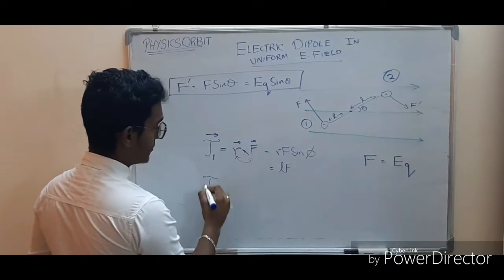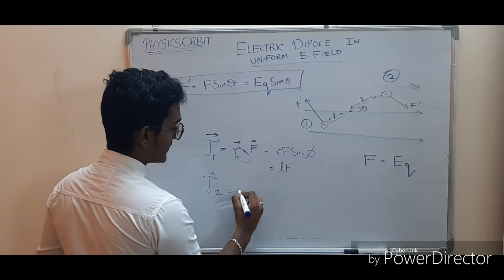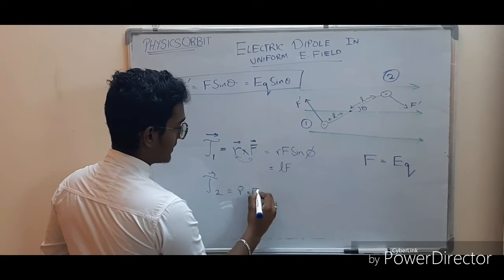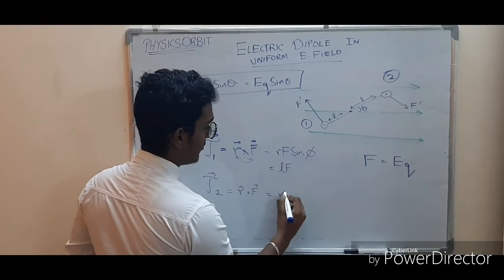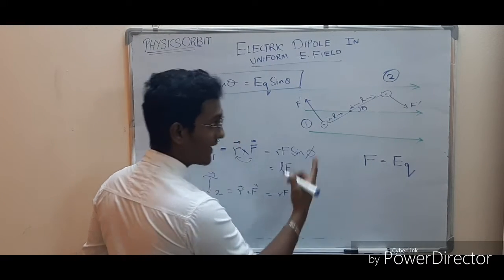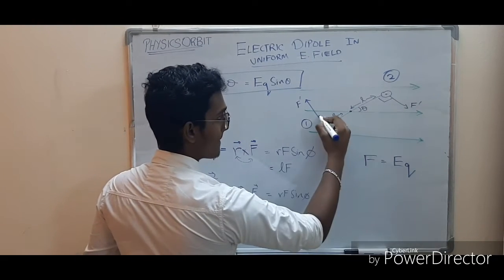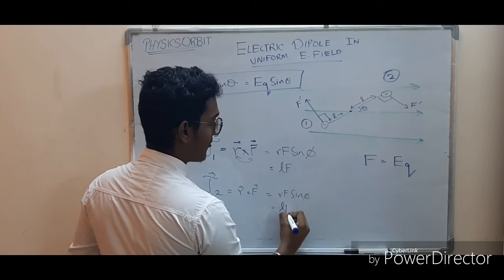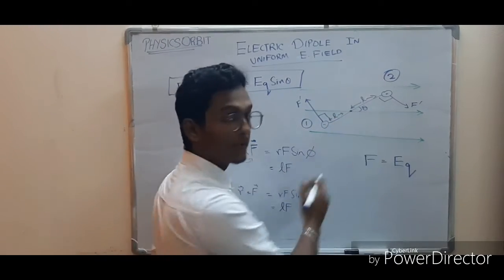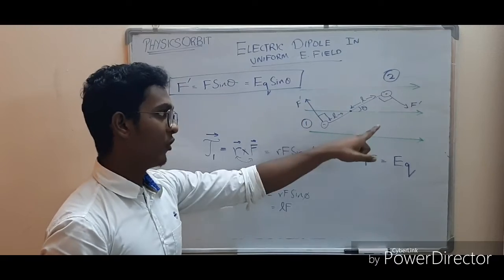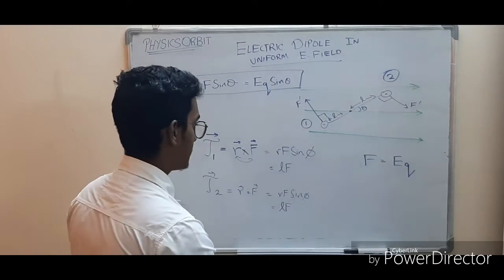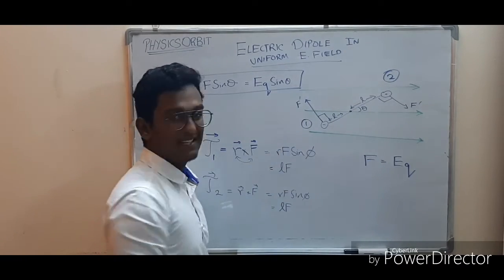And this is side 2. So what is torque 2? Again it is R cross F, and the same procedure, RF sine phi, and phi is again 90 degrees. So you get LF, where L is the distance between the force acting and the center of rotation. So we got these two torques. You just have to add them.